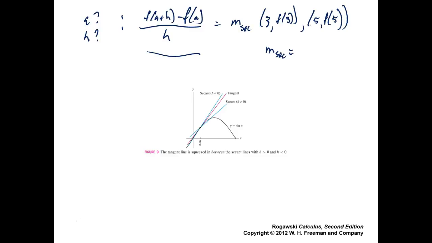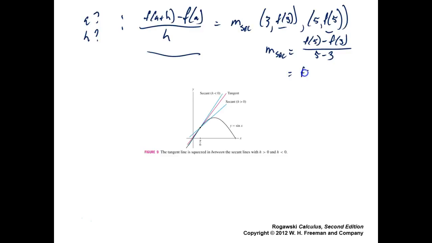Rise over run. What's your rise? f of 5, this y value minus this y value over 5 minus 3.